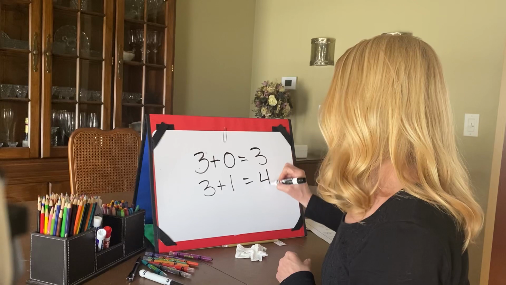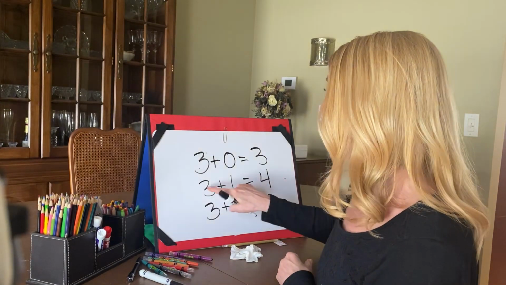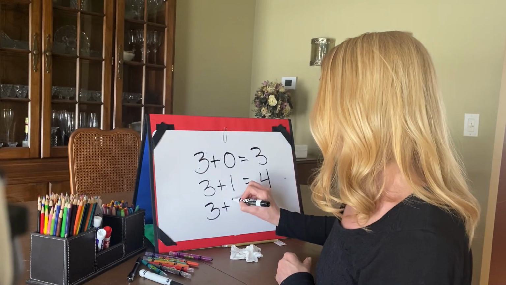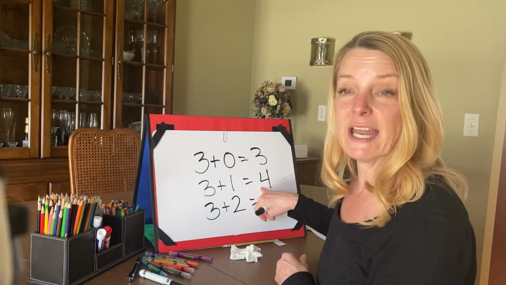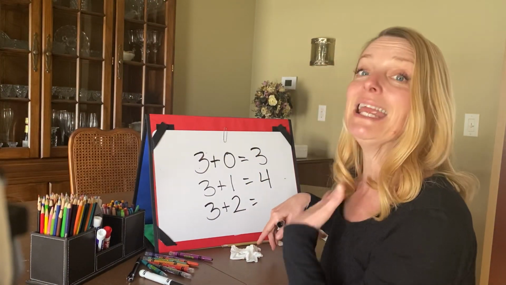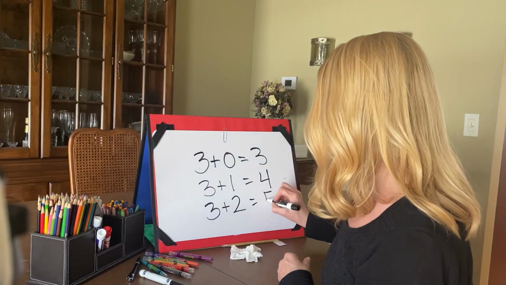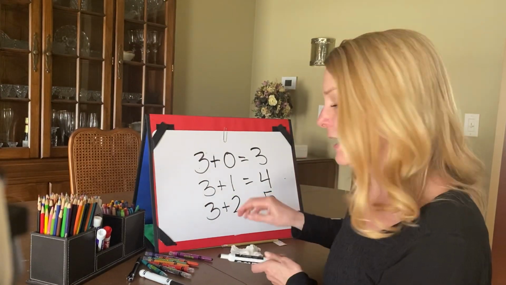And the answer is 4. And now I can use this math sentence to help me solve the next one. If I know that 3 plus 1 equals 4 and I add one more to it, 4 plus 1 more would be 5. And 3 plus 2 equals 5. It goes right in a sequential order. Excellent.